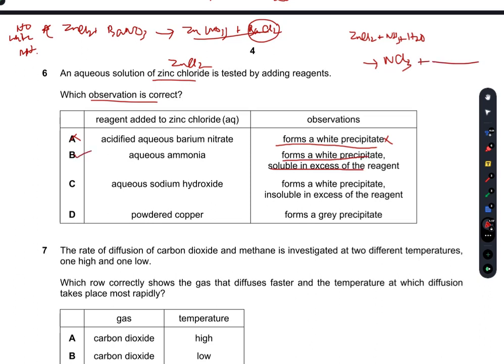When aqueous sodium hydroxide is added, NaCl is formed, which is readily soluble in water. So C is incorrect. When powdered copper is treated with zinc, this will give no reaction. Why? Because zinc is above copper in the reactivity series. So B is the right answer.